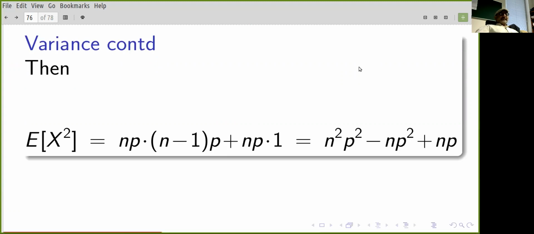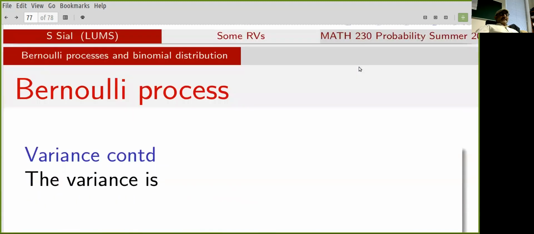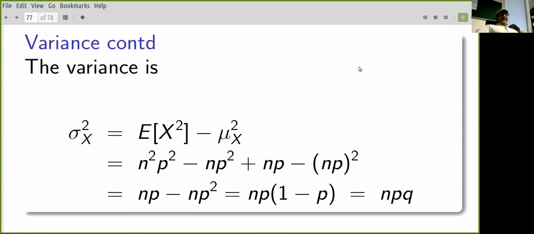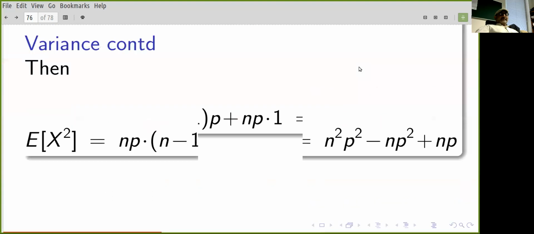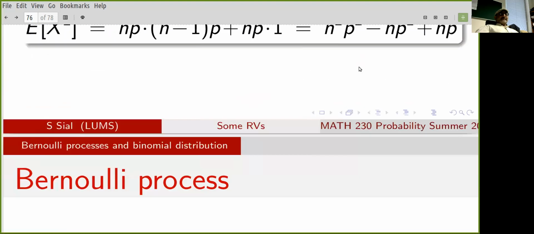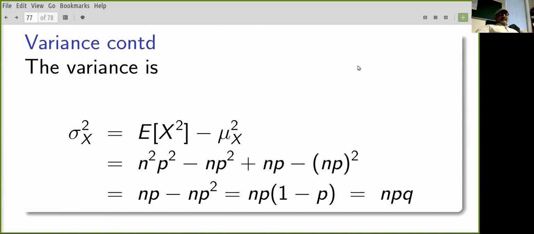Okay. And so that's the expectation of x squared, and we subtract off the expectation of x squared that we found before, and then finally we get the variance is npq.